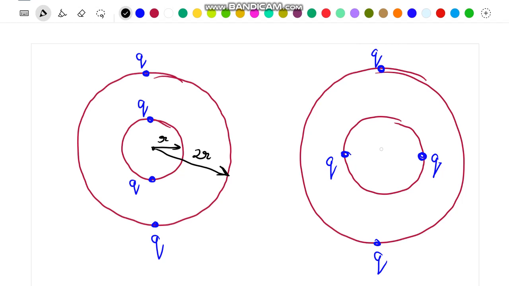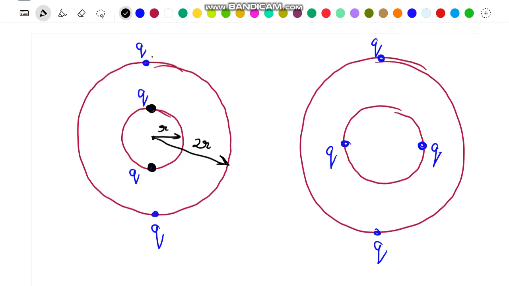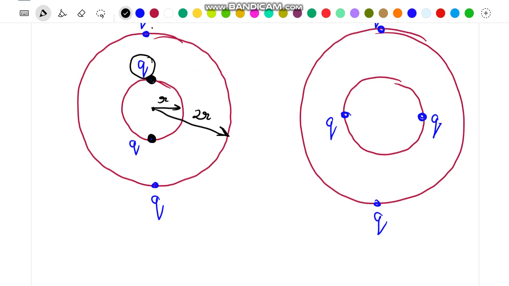The only change that is occurring is in the potential energy of these two charges that I am highlighting, due to the charges on the outermost rings, right? So let us first find the potential energy of this charge q.